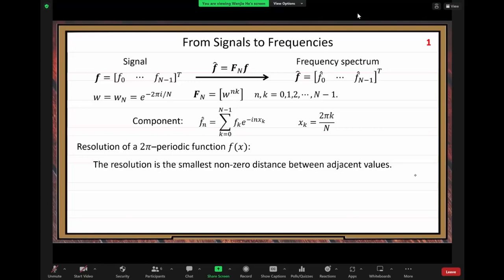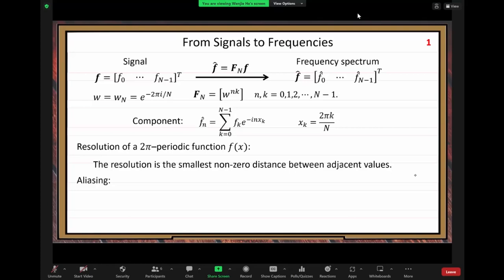You look at two adjacent values, and the non-zero distance, how small it is. That's the resolution. Remember, we do equal space sampling, right? We do equal space sampling. So that's the smallest non-zero distance.